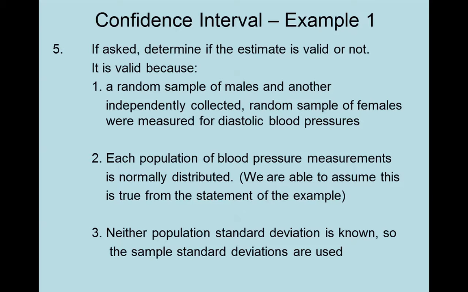So I have normal distributions to start with, and that was just stated in the problem. And then the population standard deviation is unknown for each of the two groups. So neither of the population standard deviations is known, neither sigma value is known. So I'm going to use the sample standard deviations in all of the inference.